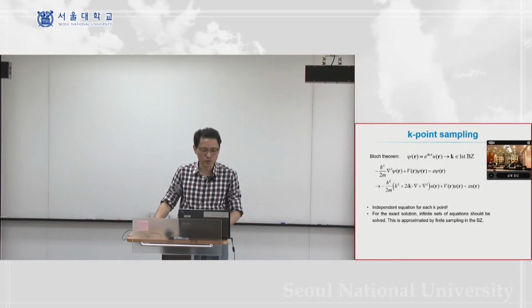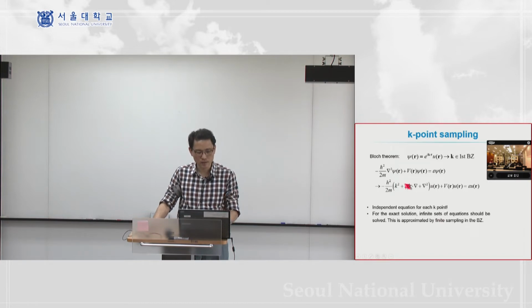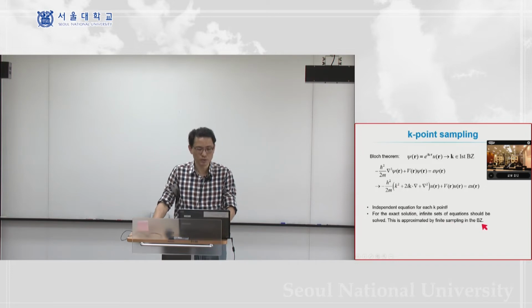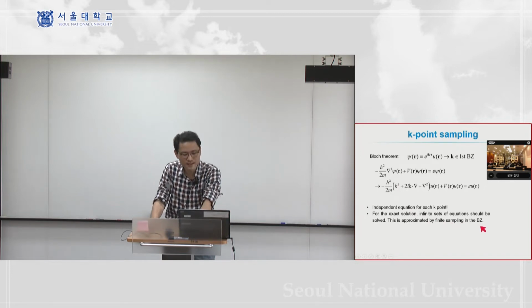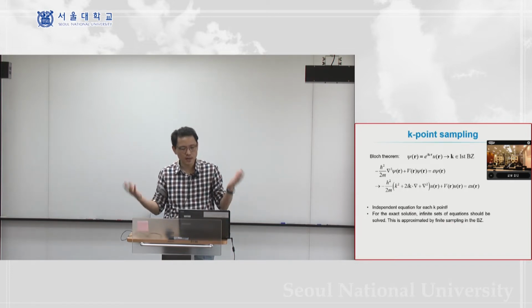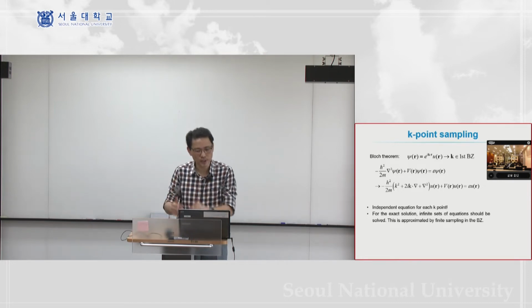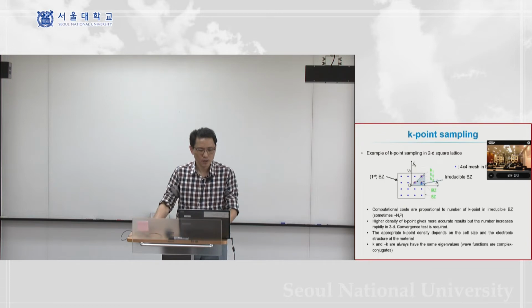So what we do here is, instead of this infinite set of k, we approximate by a finite sampling in the first Brillouin zone. That is called k-point sampling. Instead of using every k vector, you are sampling certain points in the first Brillouin zone.